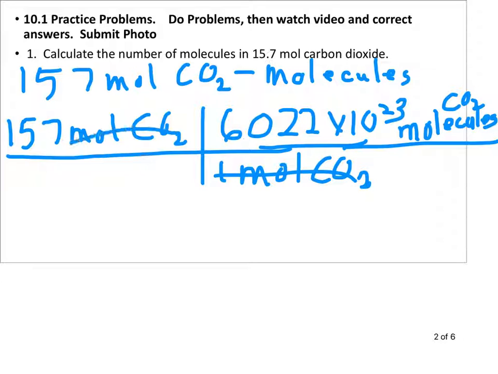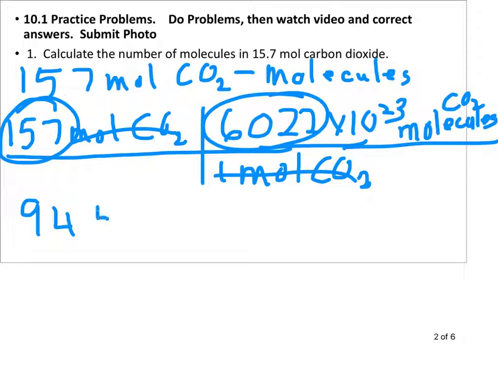Moles divide out moles. Now we take the 15.7 times the 6.022, equals 94.54. We keep the 10 to the 23rd. Got to check our sig figs.